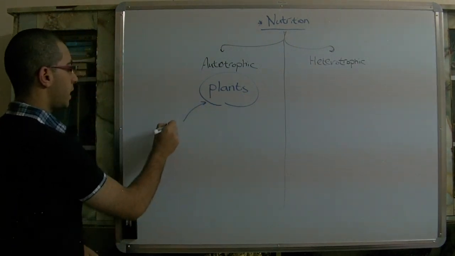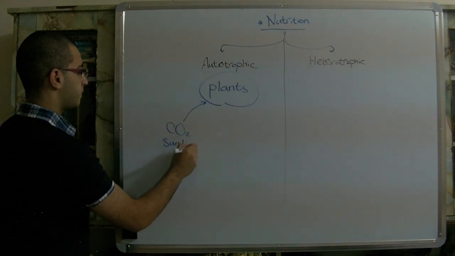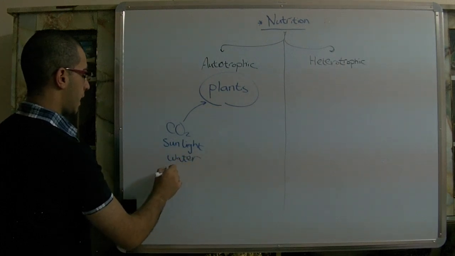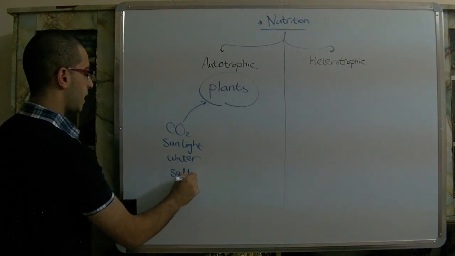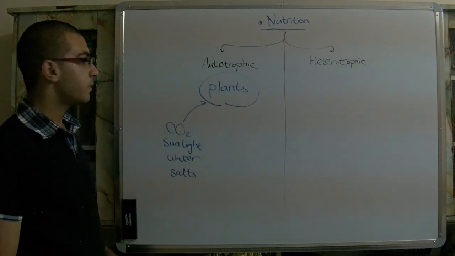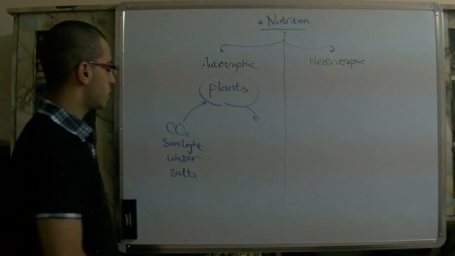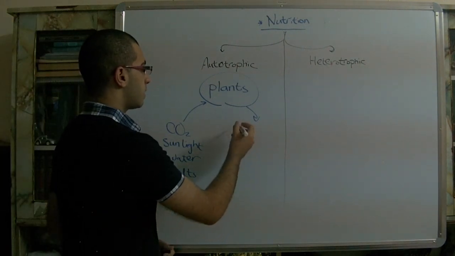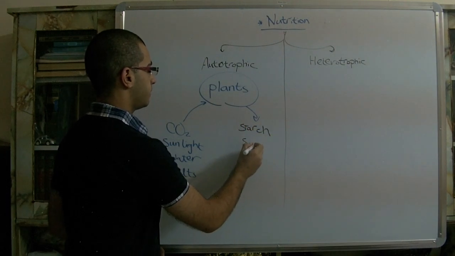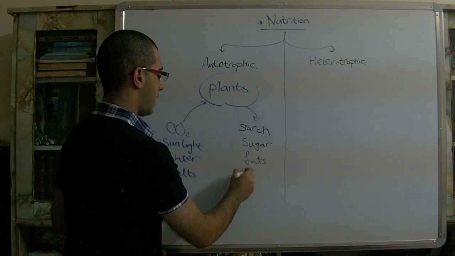So that plants use carbon dioxide, sunlight, water, and mineral salts in the soil, and manufacture them inside their tissues to give high energy products such as starch, sugar, fats, and proteins.